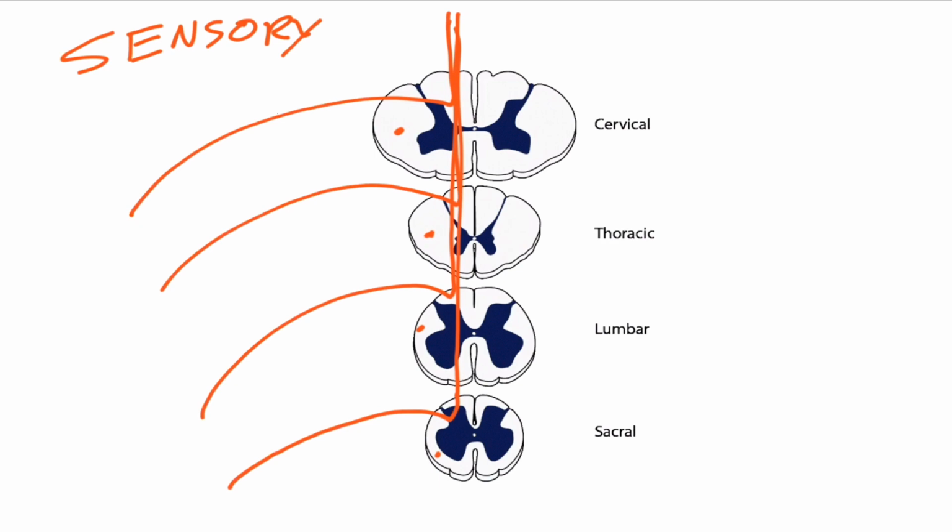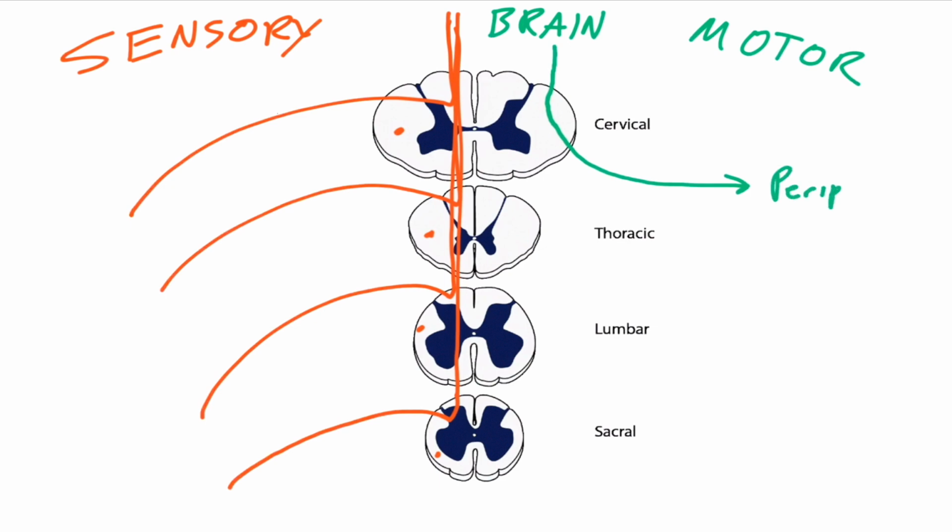And now on this right side, we're going to talk about motor innervation. So motor innervation from the brain travels down through the spinal cord and then sends information to the periphery. And it does this through peripheral nerves. Now motor axons from the brain heading to the periphery are part of the white matter, as I've demonstrated here. They also contribute to the decrease in white matter as you descend down the spinal cord.